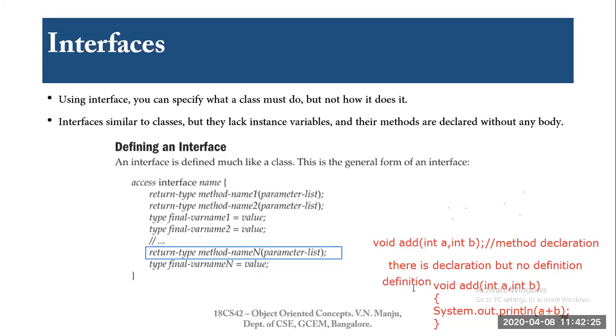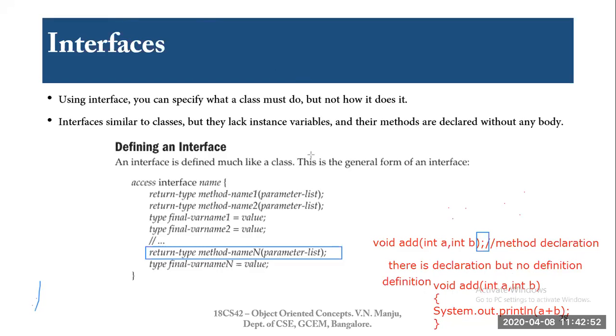So there is declaration, but what is declaration? Declaration is one with a semicolon. You are declaring the parameters. As you know, when you write int a semicolon, you are declaring, but what is definition? You are defining a method. In an interface, there is only declaration.